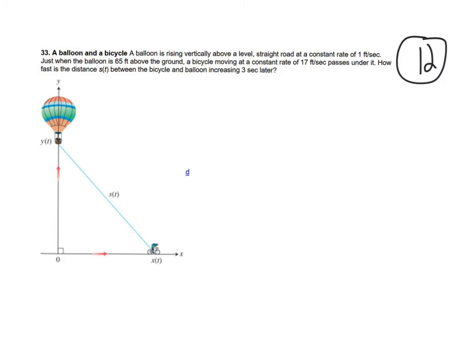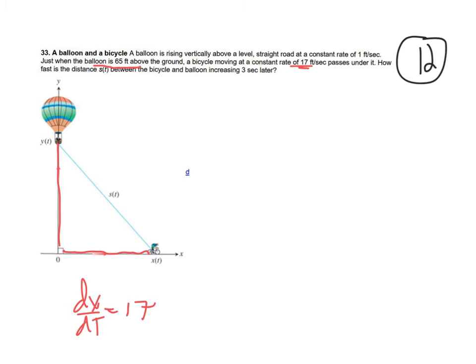Okay, let's see. This one I did wrong. I did a couple of things wrong with it the first time I tried. It says, at the instant in time when the balloon's 65 feet up, the bicycle is moving at a constant rate of 17 feet per second. So dx/dt equals 17. So that distance is increasing at 17.